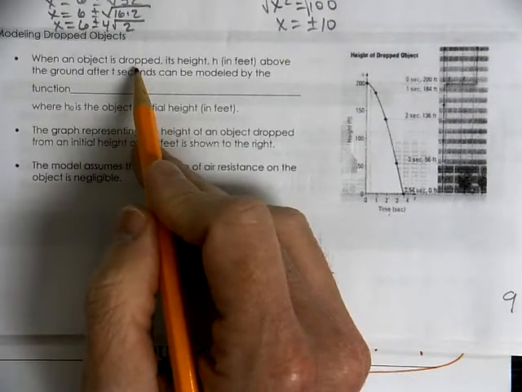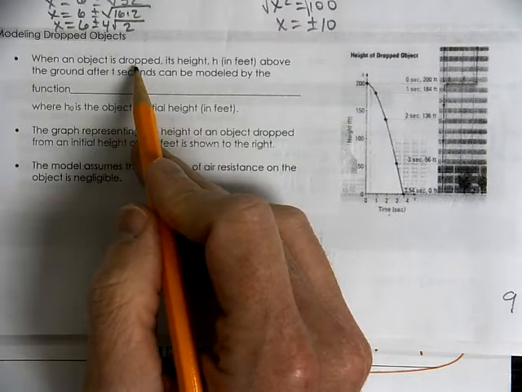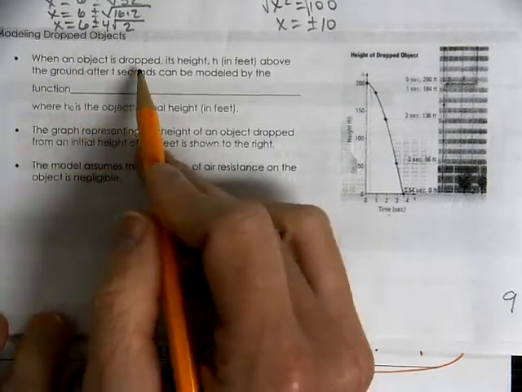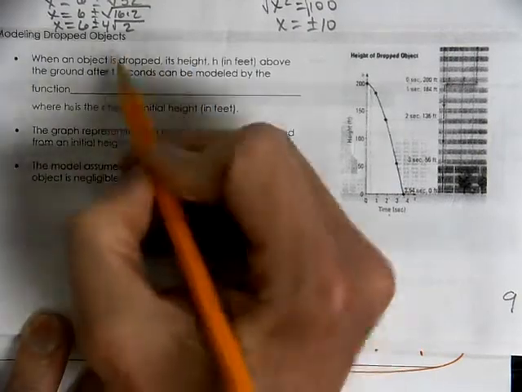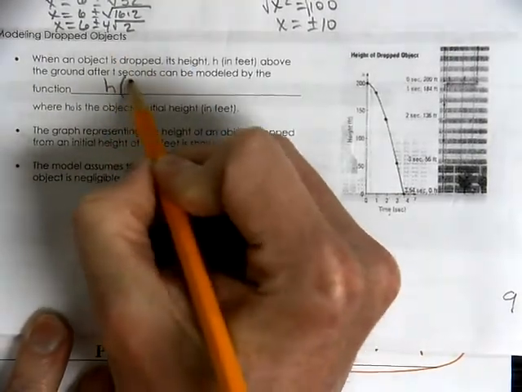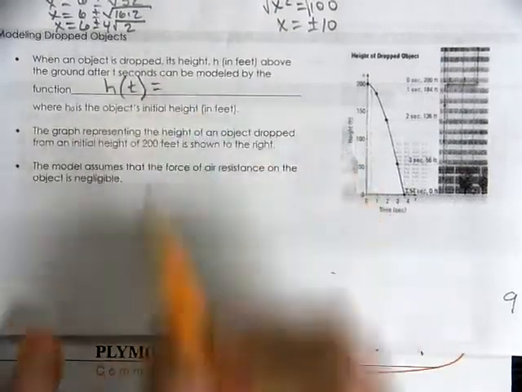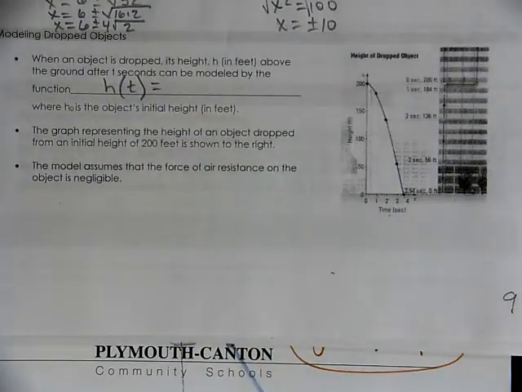So when you drop an object, we're not tossing it, we're not hitting it, we're not kicking it. We're dropping an object from a certain height. That is going to be h of t, the height in terms of time.